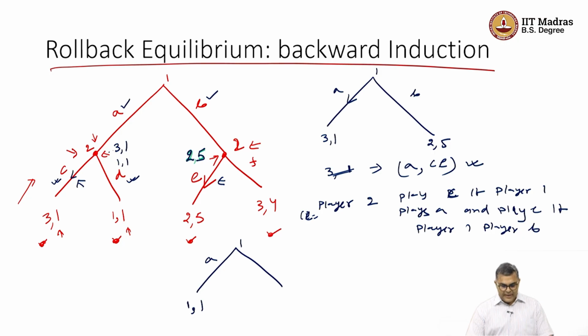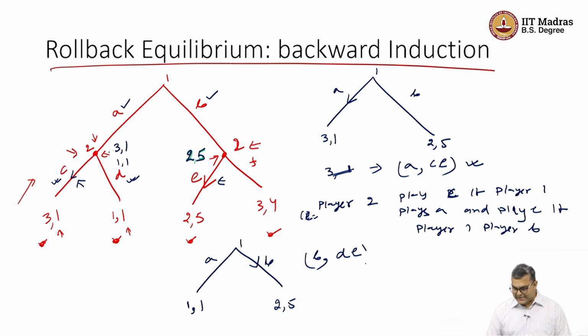So, it does not matter, and here it is definitely 2 comma 5. So, in this case player 1 is going to play B. So, B comma DE, because player 2 has played D here and will definitely play E here. So, this is another rollback equilibrium.